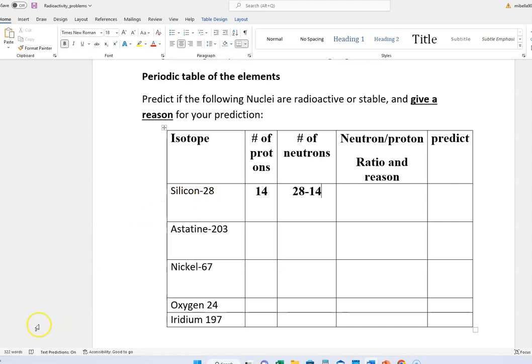Of course 28 minus the 14 protons gives us 14 neutrons. And so the neutron to proton ratio is this column divided by this column. So it's going to be 14 divided by 14, which is equal to 1.